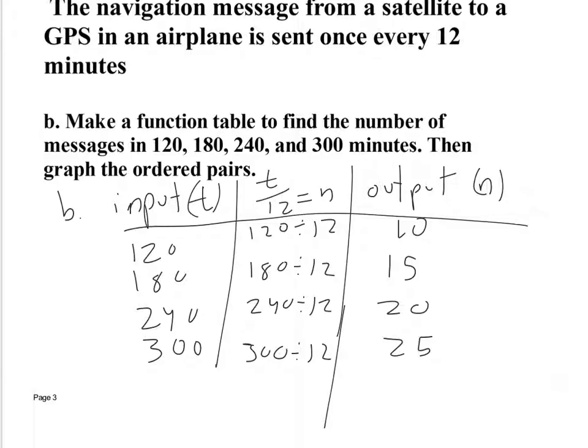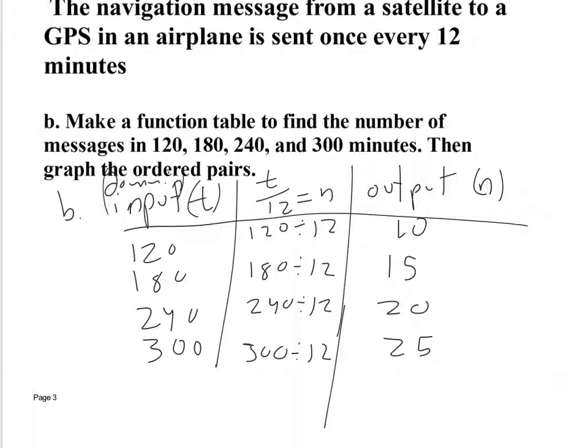Now that I've got this function table, I'm going to go and graph the ordered pairs. I just want to make a small comment. On some of your homework, it's not going to say graph it. Instead, what it's going to say is state the domain and range. What would be my domain here? The input, my x, right? My input. So I would write domain above this.